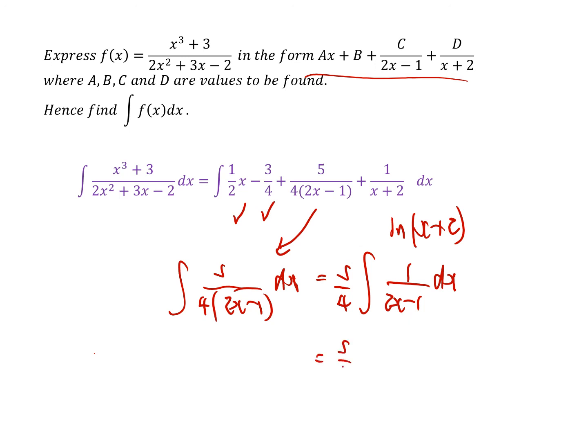Now, this looks like the integral of that might be ln of 2x minus 1. But remember that when we differentiate ln of 2x minus 1, we're going to get a 2 on the denominator, not a 1. So that means we have to multiply by a half. So then this 5 over 4 times a half becomes 5/8.